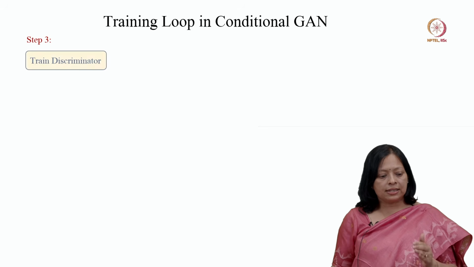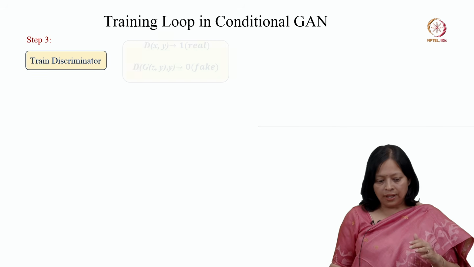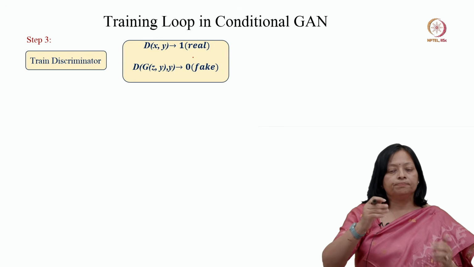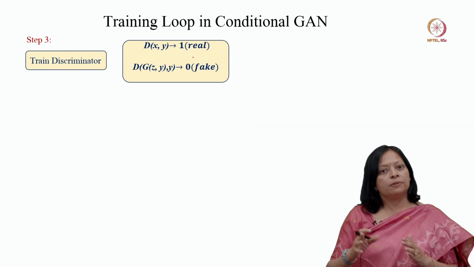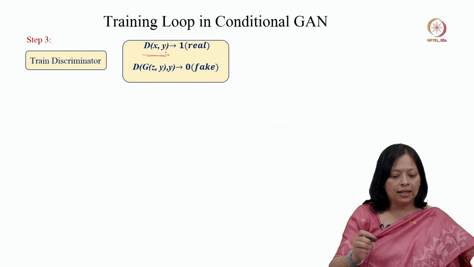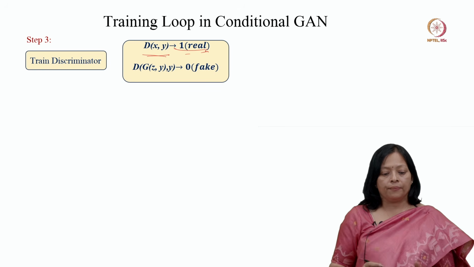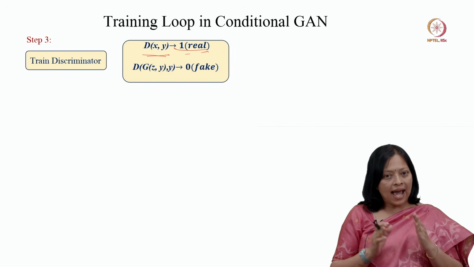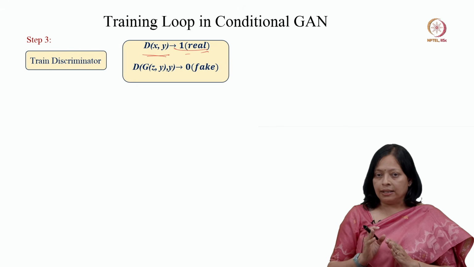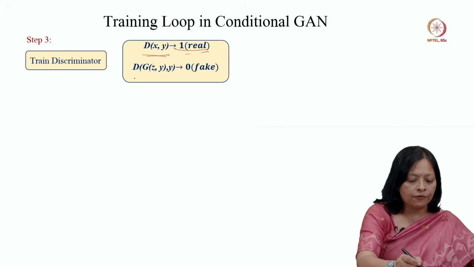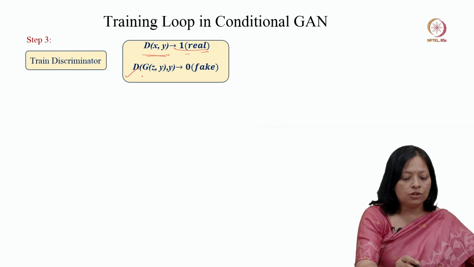Now, after this step, while we are training the discriminator, I am coming to the probability scores given by the discriminator. D of x comma y tends to 1 for a real pair. That means when the discriminator gets a real image and the conditioning label, the probability score should tend to 1. Whereas for the next one, D of G of z comma y, what does it mean?